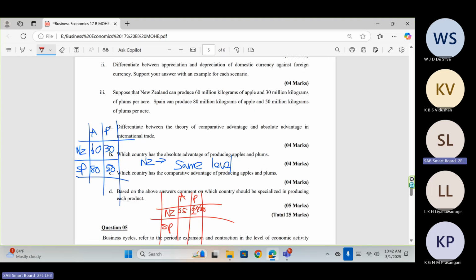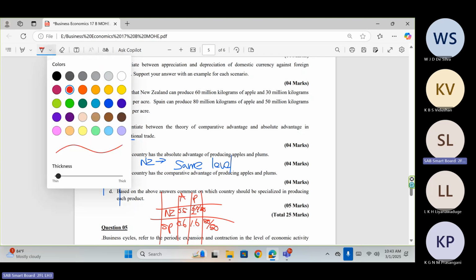Here 80 divided by 50, that is 1.6. And 50 divided by 80 is 0.6, higher. Now you can see the comparative advantage here.